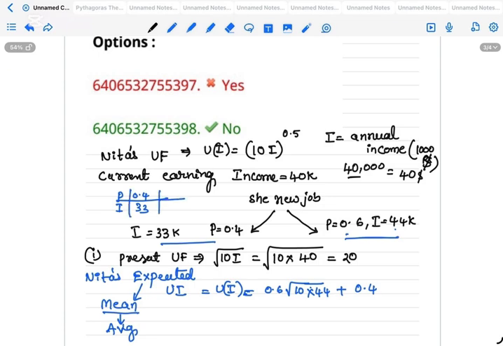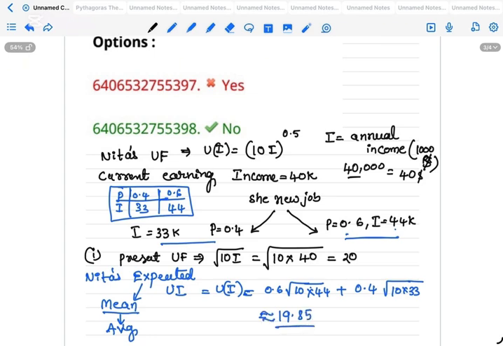This is how we calculate the mean value in statistics. If we calculate this value, it is approximately 19.85.